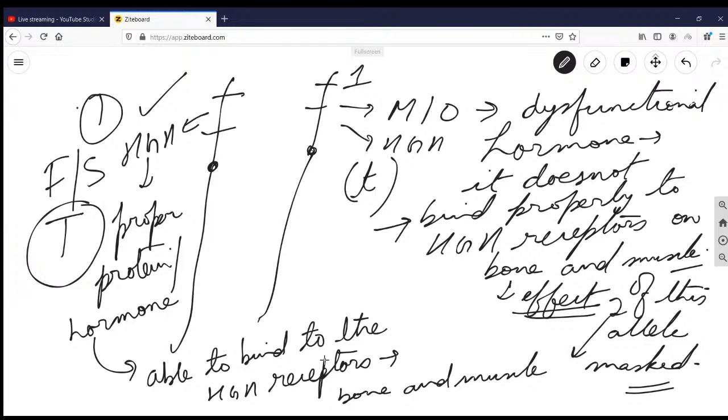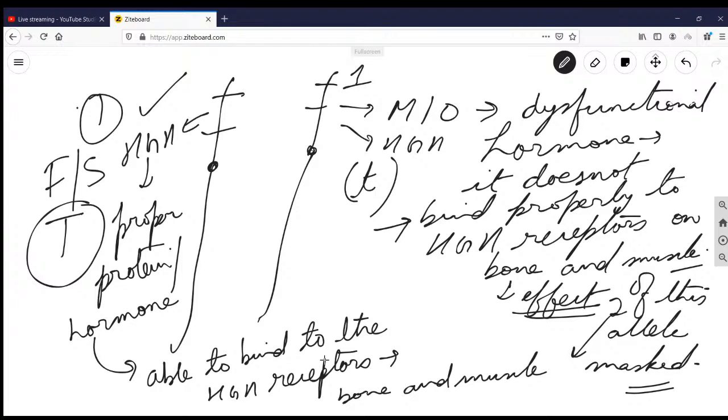because one copy of the chromosome comprises the favorable allele, the high quality allele, which specifically produces the protein. That protein is able to bind to the HGH receptors and cause the body growth, the muscle growth and bone growth to occur.